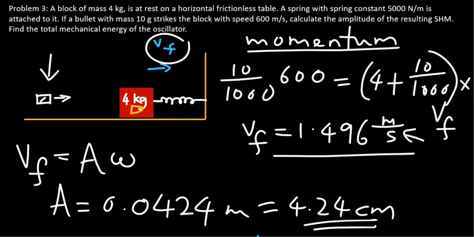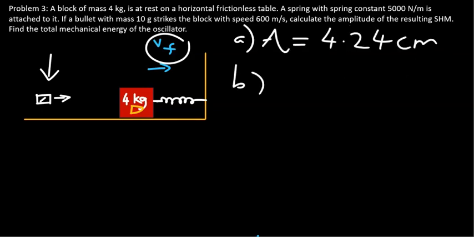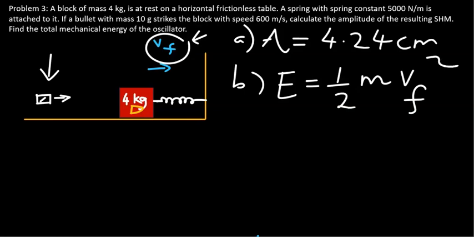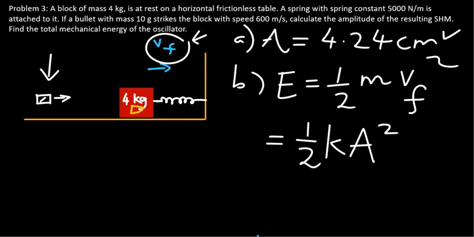cm. The total mechanical energy of the oscillator can be computed quite simply using either the maximum kinetic energy or the maximum potential energy. If we were to use the maximum kinetic energy, it's going to be half the mass of the system times that maximum speed, v sub f squared. Or if you want to use the potential energy, you can use half times the spring constant times the maximum compression squared, the maximum compression being the amplitude.